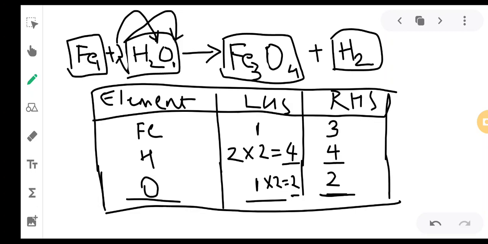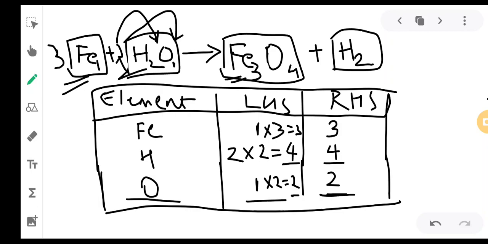So now what is unbalanced? That is iron. How will you balance iron? To make 1 into 3, you can multiply by 3 on the left hand side. So now everything is balanced for iron: there are 3 atoms of iron on the left hand side and 3 atoms of iron on the right hand side.